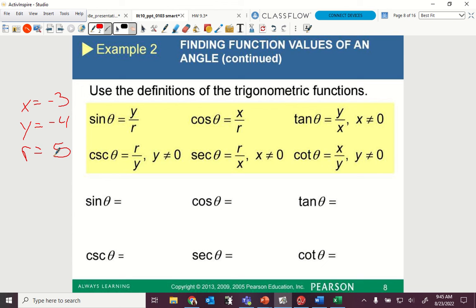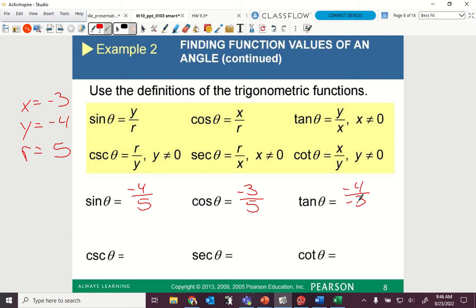So, sine, let's go ahead. Y over r, so that's going to be -4 over 5, right? Good job. All right, cosine is -3 over 5, very good. Now, tangent, let's plug it in first. It's y over x, so -4 over -3.